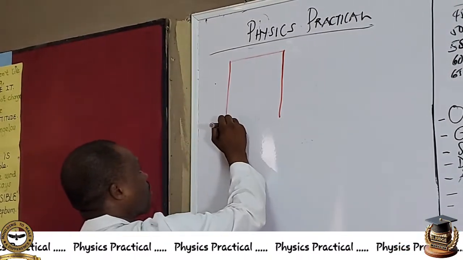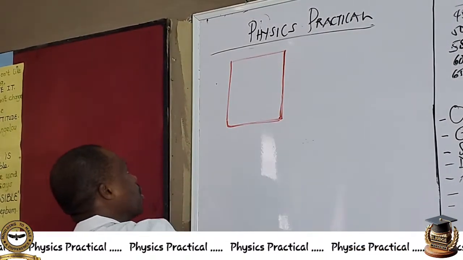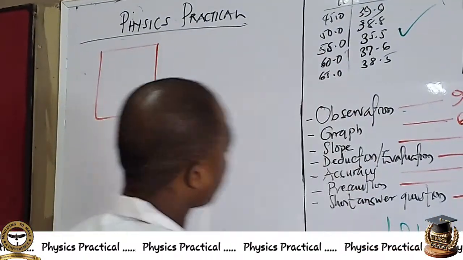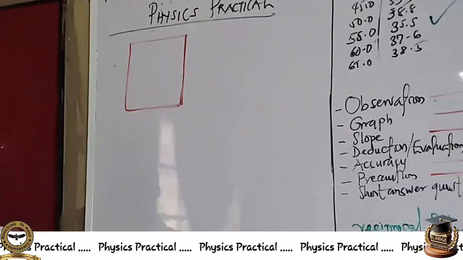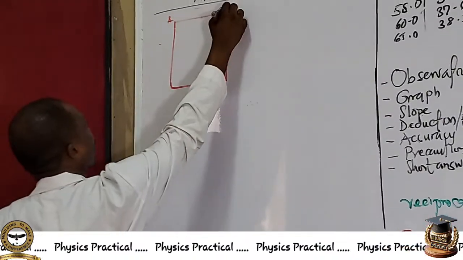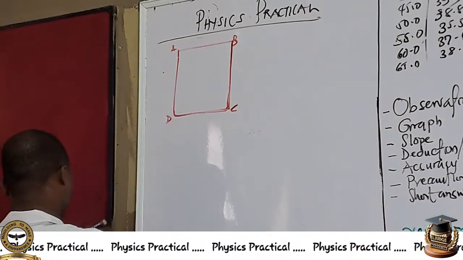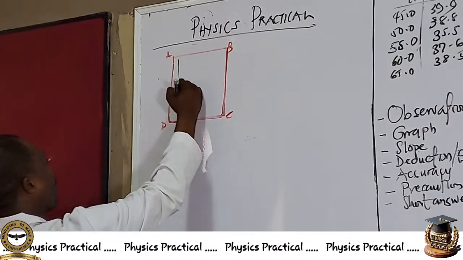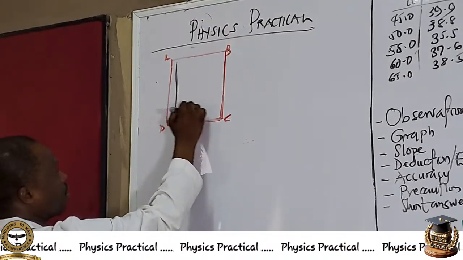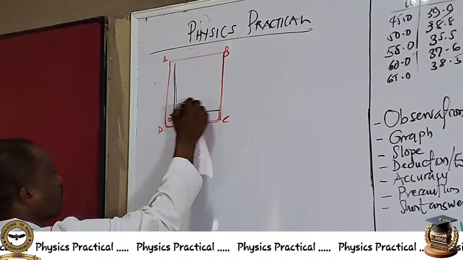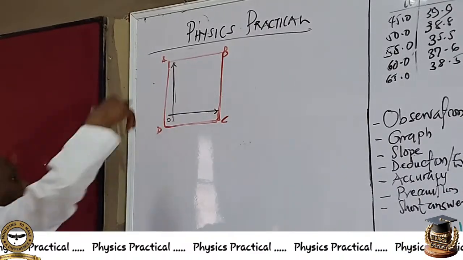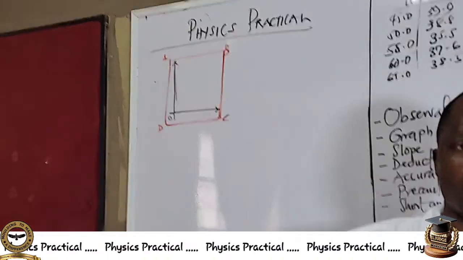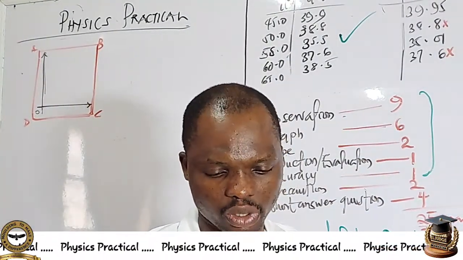This is the whole graph, the graph is A, B, C, D, and this is your origin. This is the kind of graph where all the values are positive, the vertical and the horizontal values.